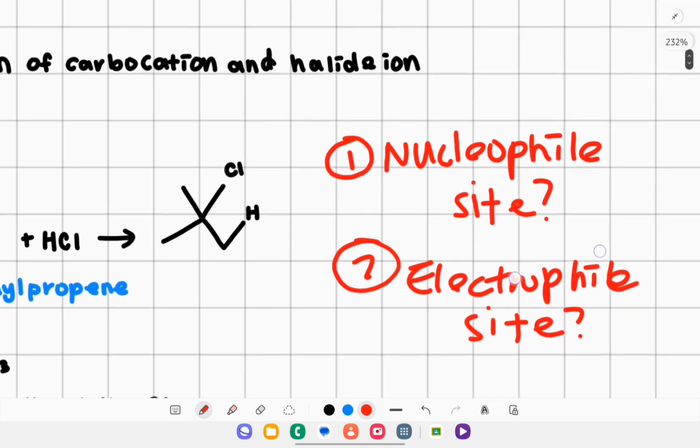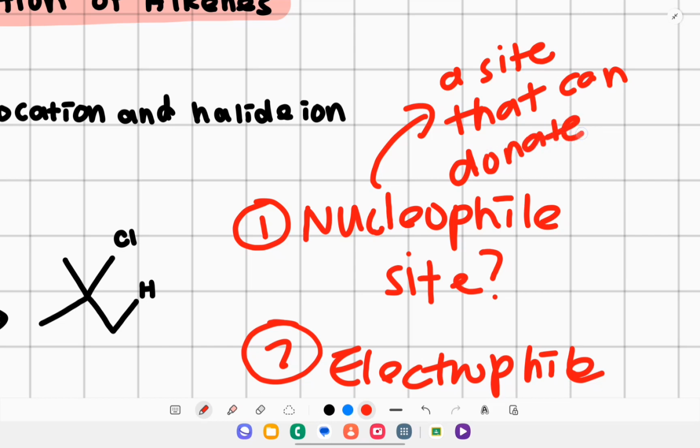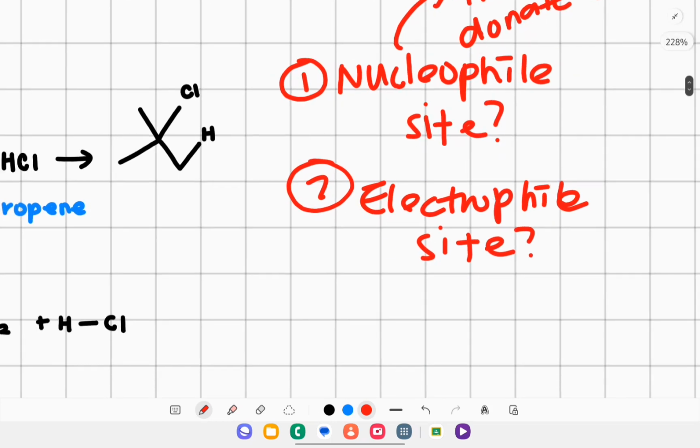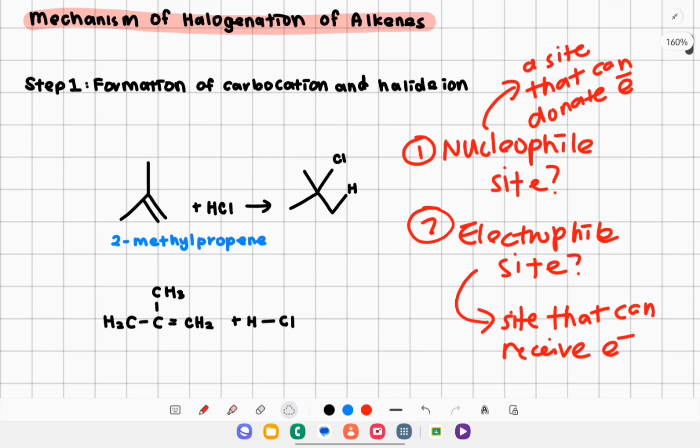Of course, we need to know the meaning of nucleophile site. Nucleophile site is a site that can donate electrons. Electrophile site is a site that can receive electrons. Easy, right? Okay.